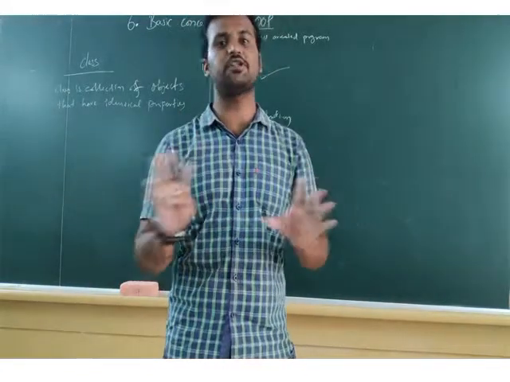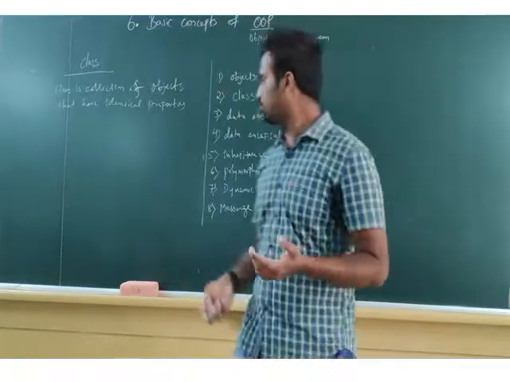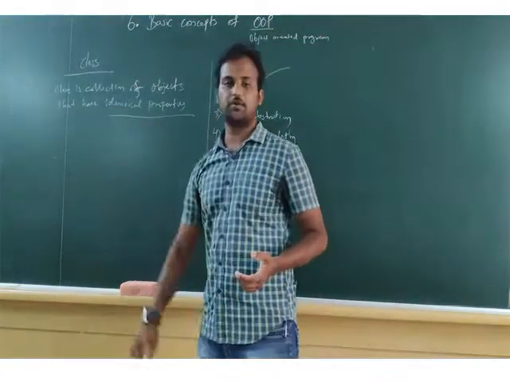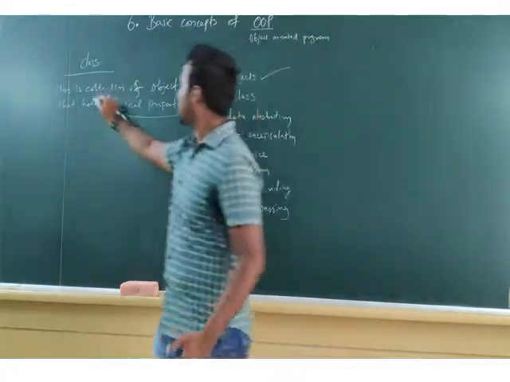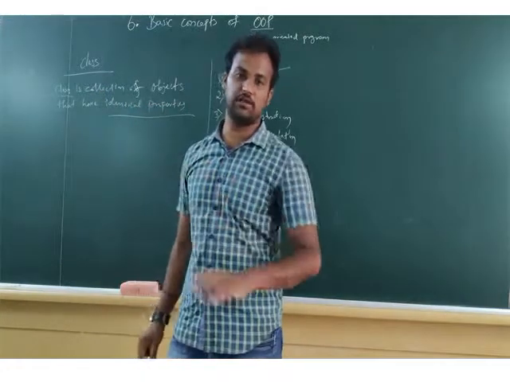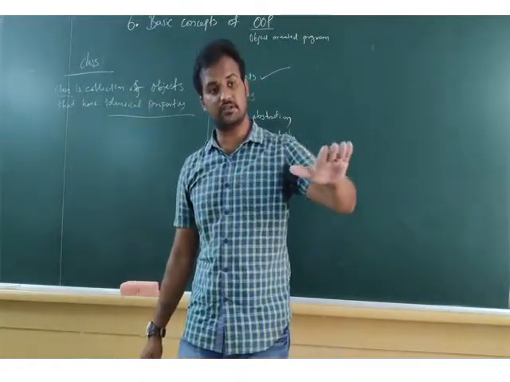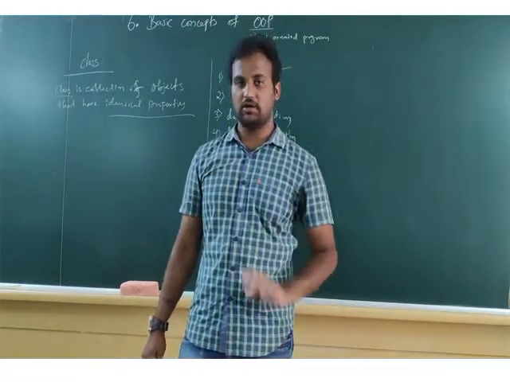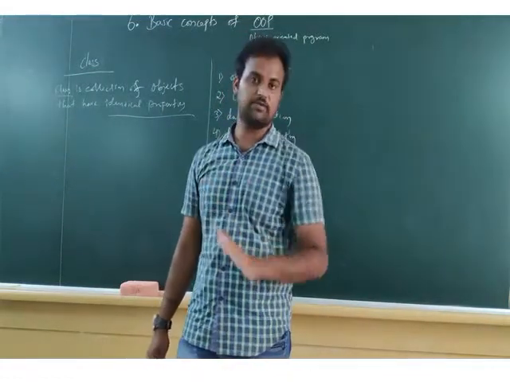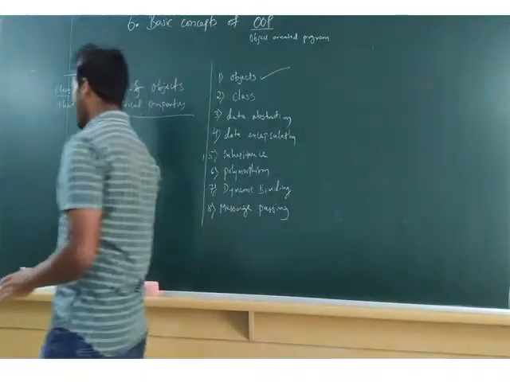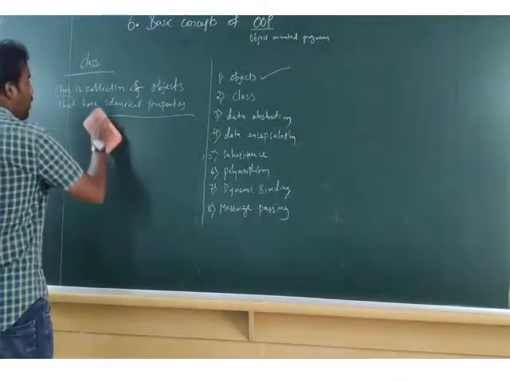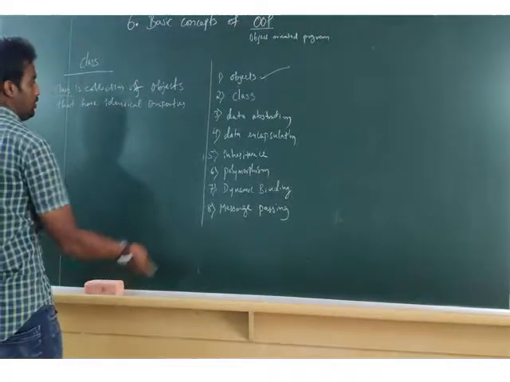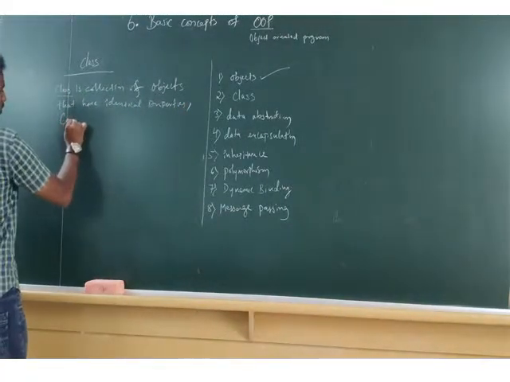That is identical properties. Benches are all the same too. We have not given small benches to one person and bigger benches to another. Identical properties, or you can also call it common behavior.